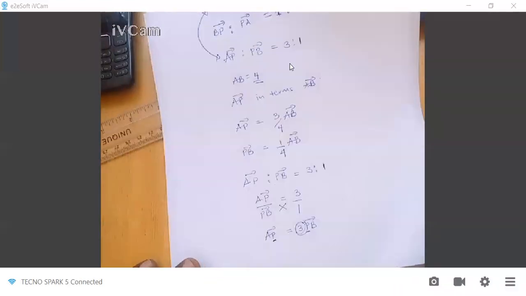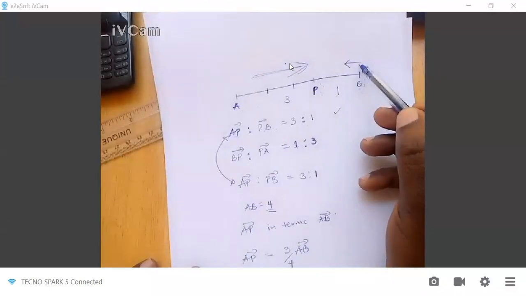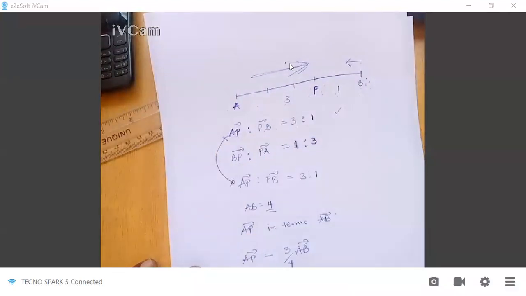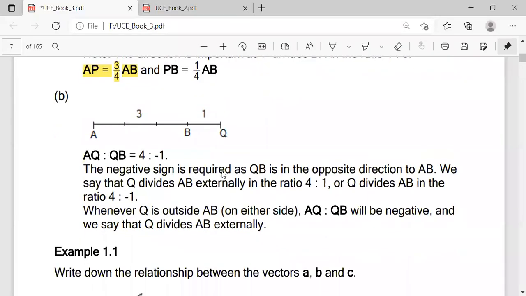So let us see. But if we are to move from this side, coming this side, how do we write that? Okay. So in their part B, they are saying A to Q. Members, can I ask you what is A to Q?